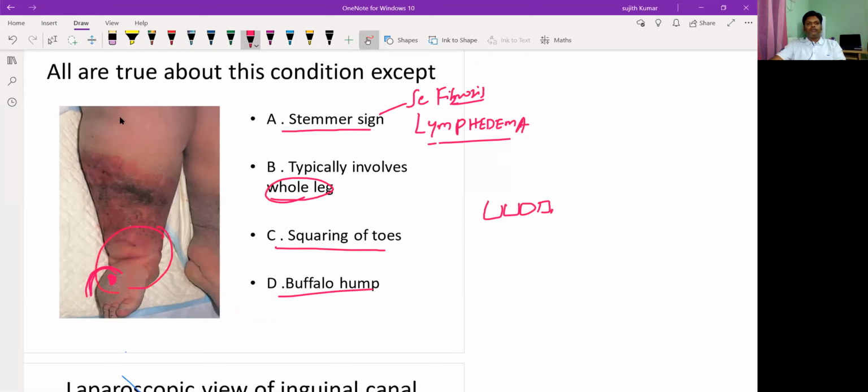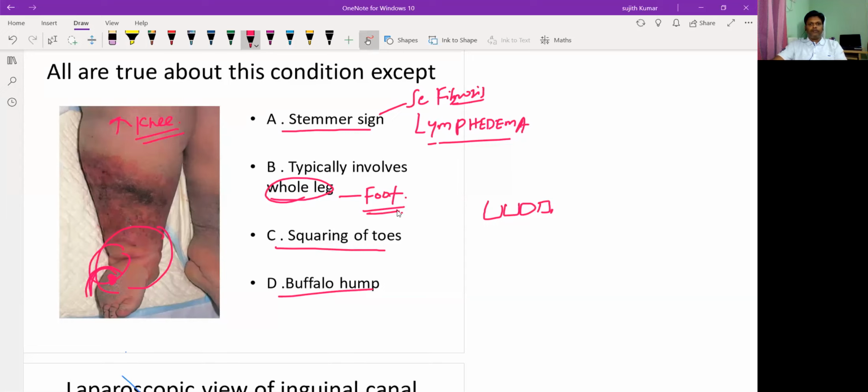Even lymphedema can present up to the knee, but beyond that you don't usually get it. So the typical involvement is the foot, not the whole leg. This is the answer for this question.